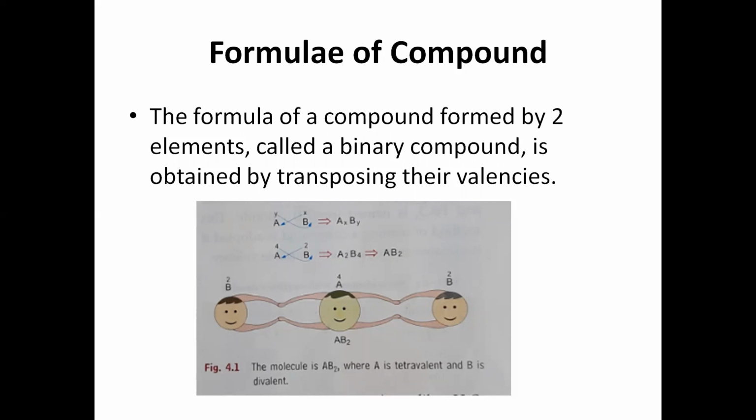Suppose an element A has a valency Y and an element B has a valency X. Then the compound formed between A and B will have the formula AX BY.